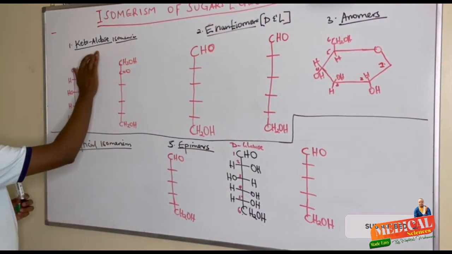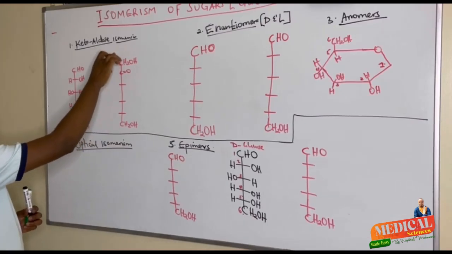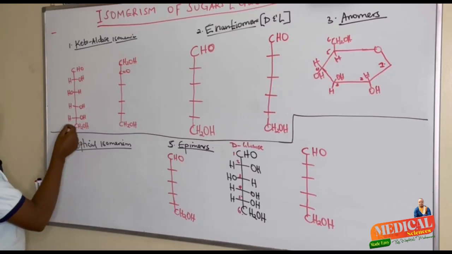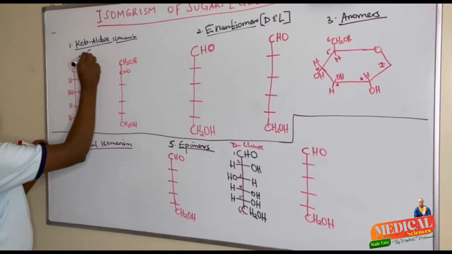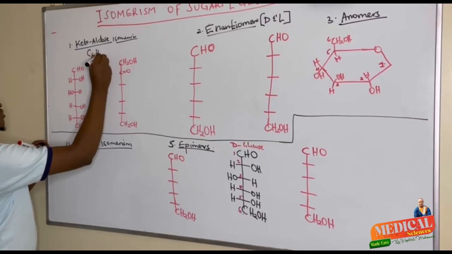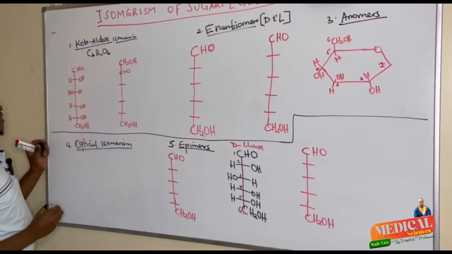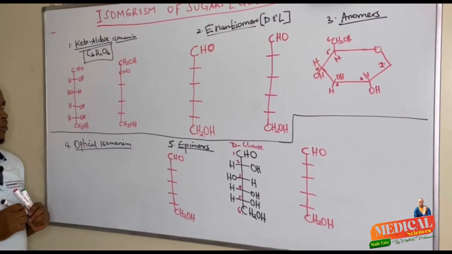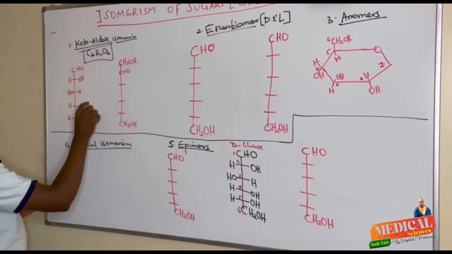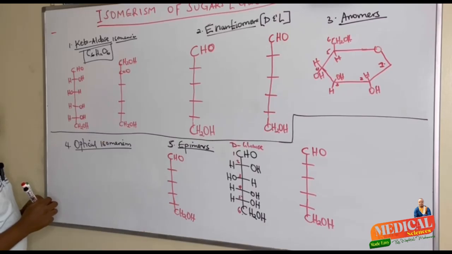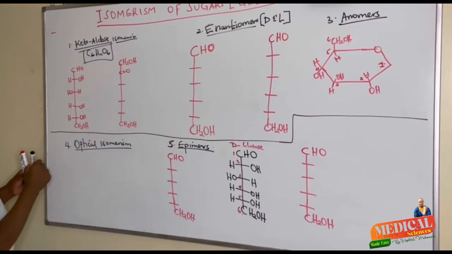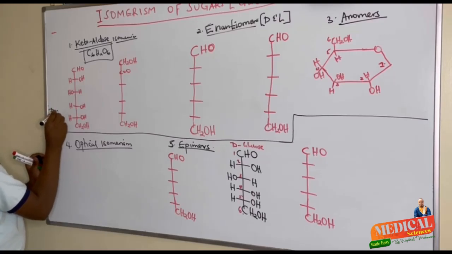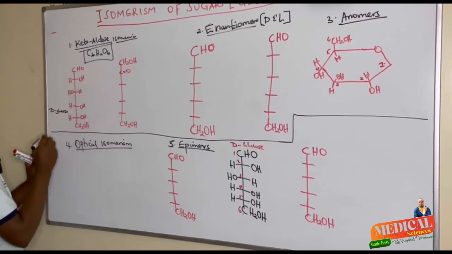So keto-aldose is one of the first isomers of glucose. Glucose has the molecular formula C6H12O6, and all of them have the same molecular formula, but they differ in structural arrangement. This one I'm going to call D-glucose.